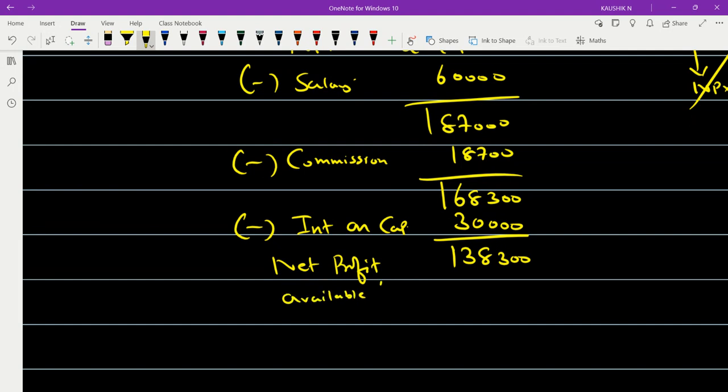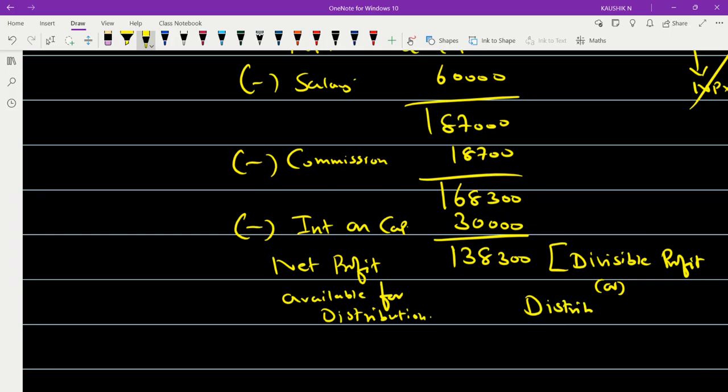Now this is nothing but your net profit that is available for distribution. This is what we call either divisible profit or distributable profit. Able to understand this?